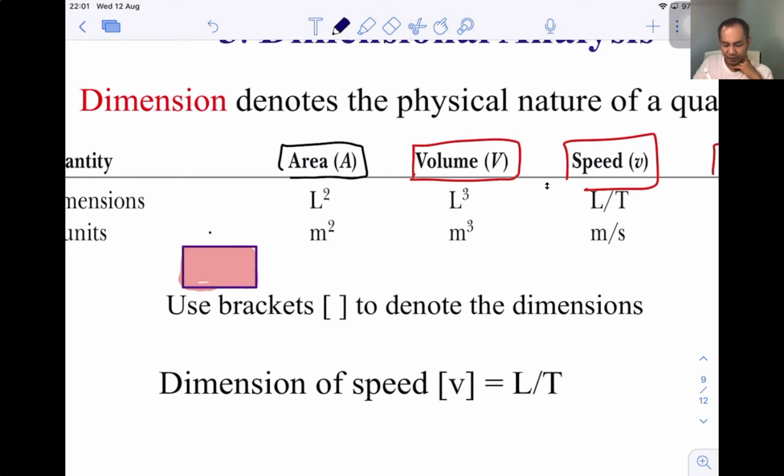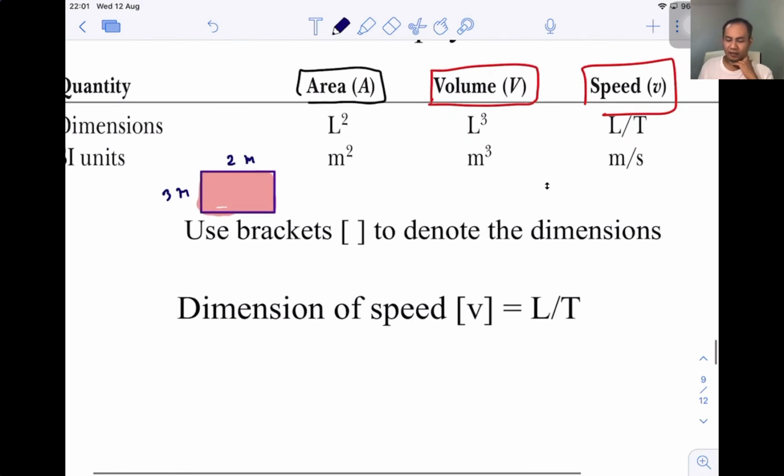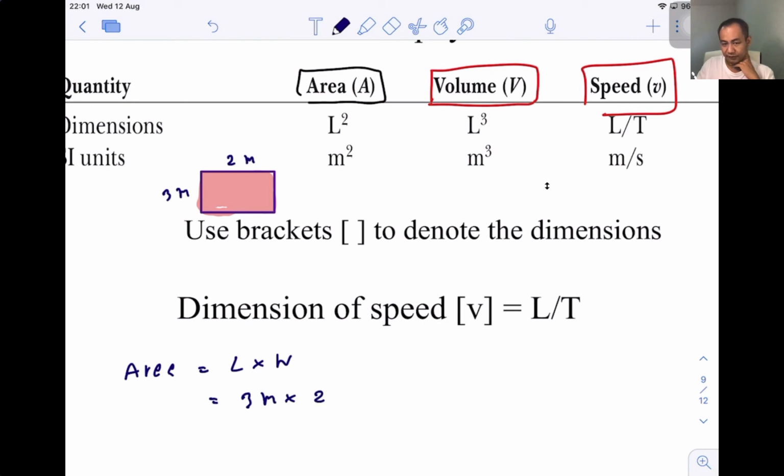For example, this is 2 meter this side, and this is 3 meter this side, right? And then if you want to find the area, equal length times width, for example. So here is 3 meter times 2 meter, so it will be equal 6 meter square.